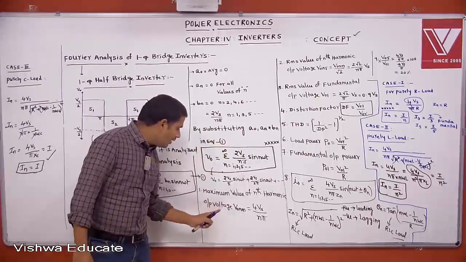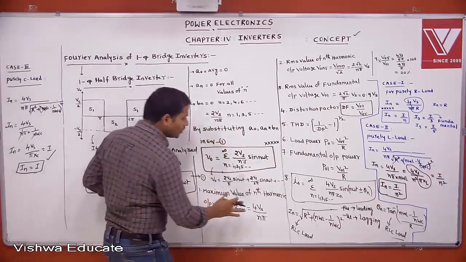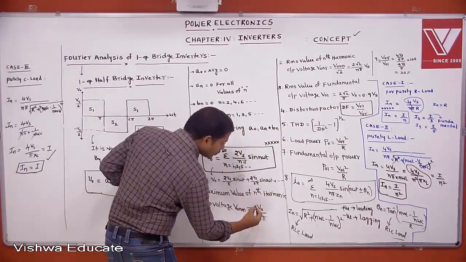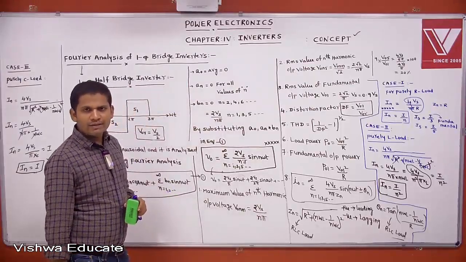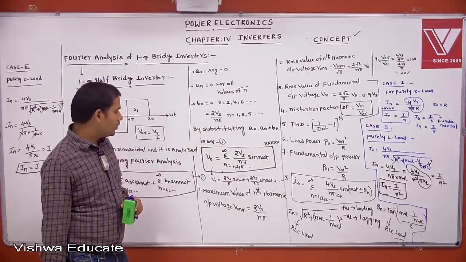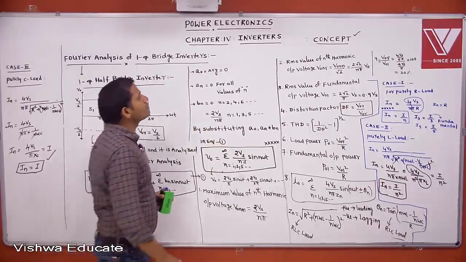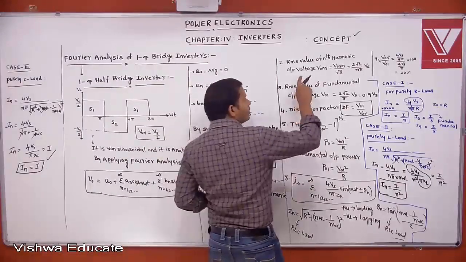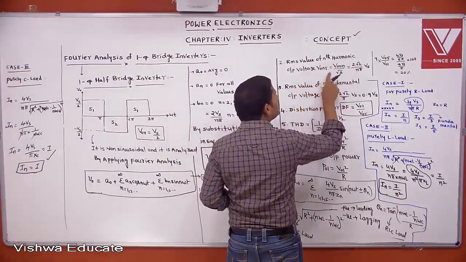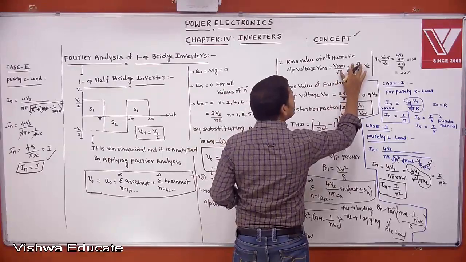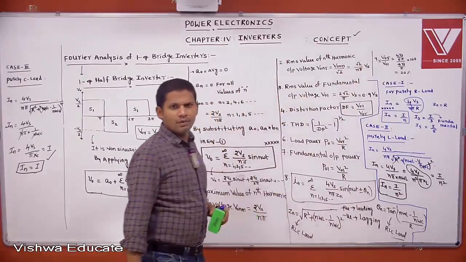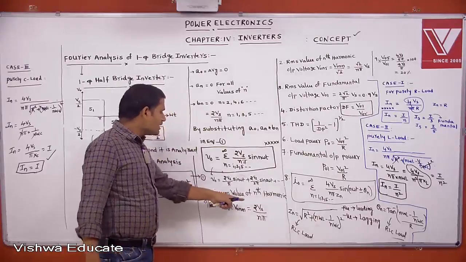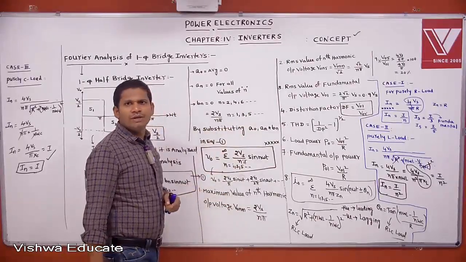Then the maximum value of nth harmonic output voltage, how much do you get? This is 2 Vs by n pi. Then the RMS value of nth harmonic output voltage is 2 Vs by n pi by root 2, that is root 2 Vs by n pi.